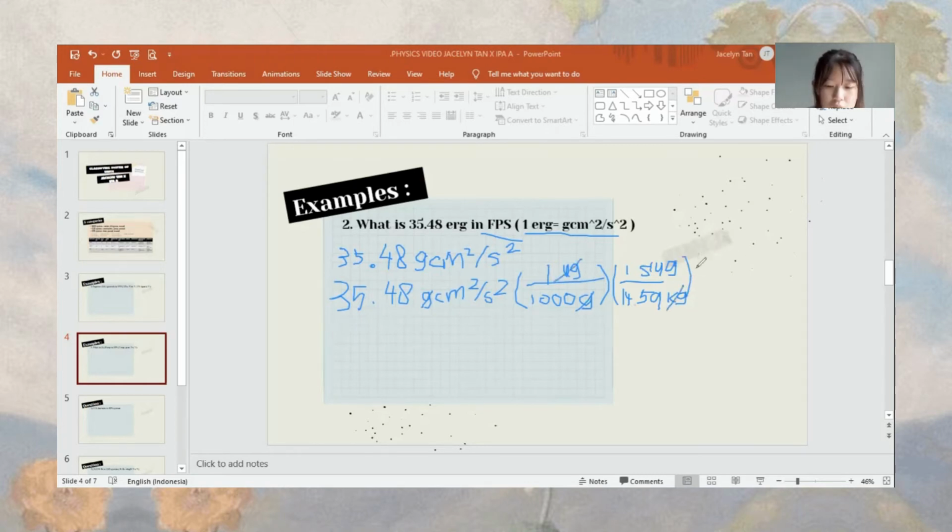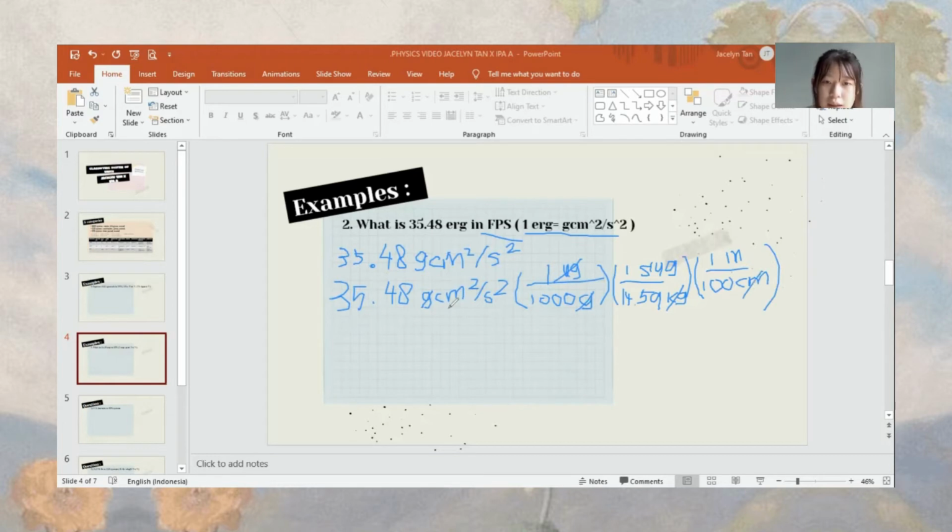Now for centimeter, we need to change it to meter. So 1 meter is 100 centimeter.